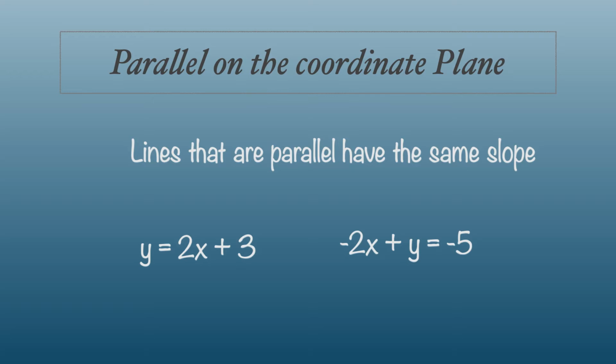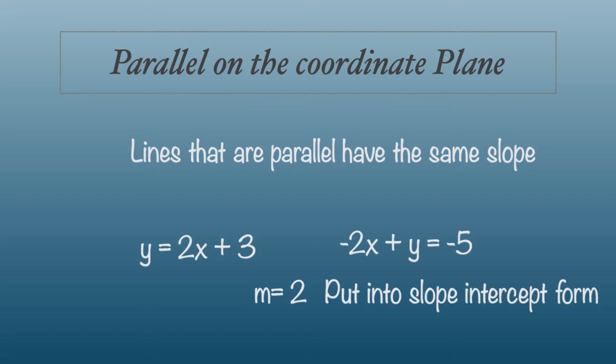Now, in order for me to compare the slopes, I have to have them in the same format. I like them to be in slope-intercept form so that I can tell that my slope is the coefficient of x. So I know here that my slope is 2, and I represent that by the letter m. m equals 2.